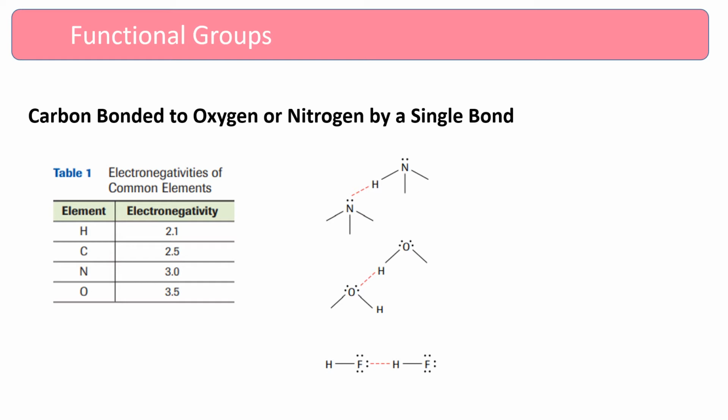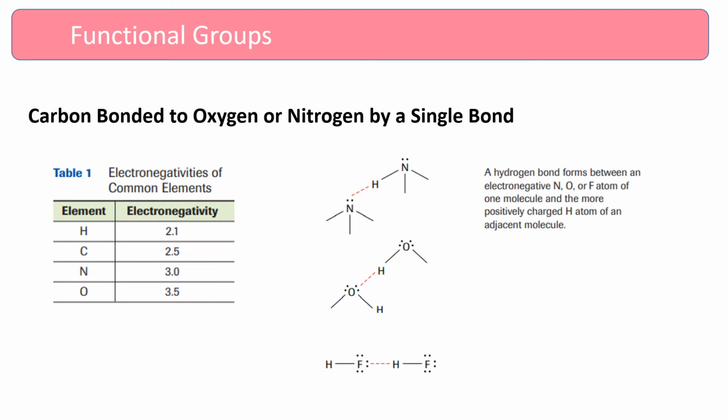Take a moment. A hydrogen bond forms between an electronegative N, O, or F atom of one molecule and the more positively charged H atom of an adjacent molecule.